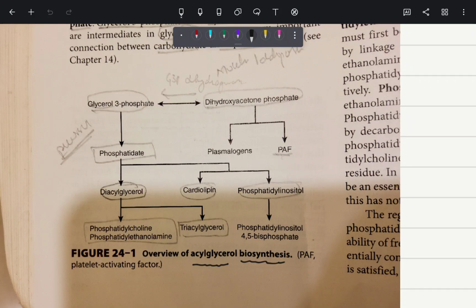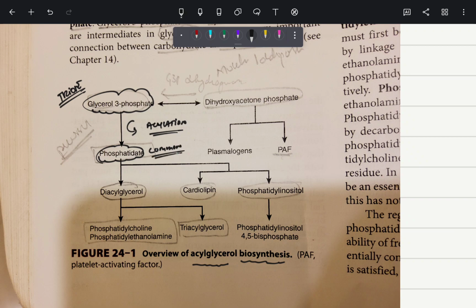So as you can see here, glycerol 3-phosphate, which is a triose phosphate, by acylation can get converted into phosphatidate, which is the common precursor for acylglycerol synthesis. And what are the acylglycerols?